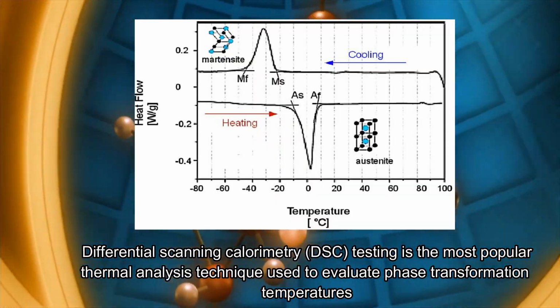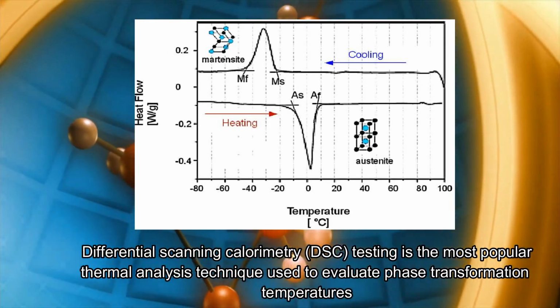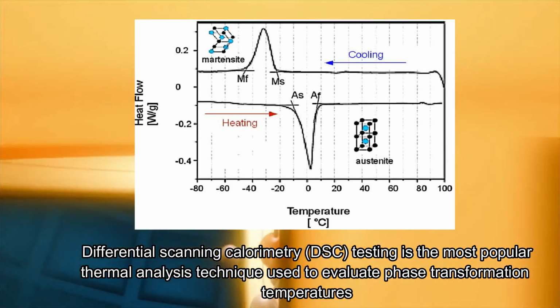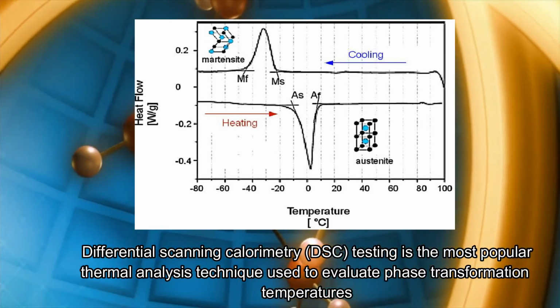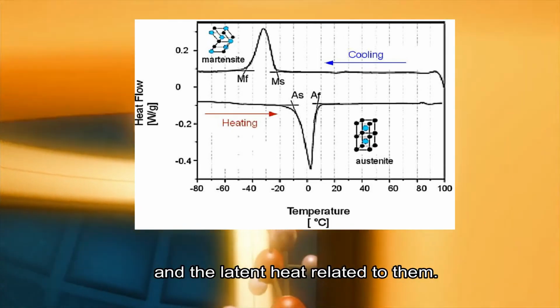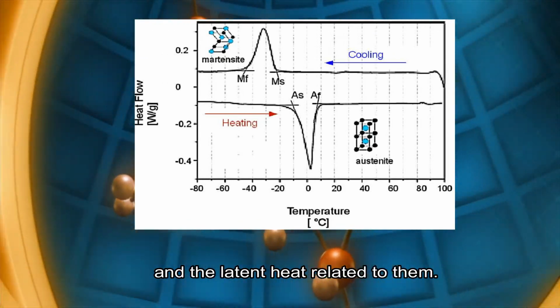There are three characterizations of shape memory alloy. Firstly is DSC. Differential scanning calorimetry (DSC) testing is the most popular thermal analysis technique used to evaluate phase transformation temperatures and the latent heat related to them.